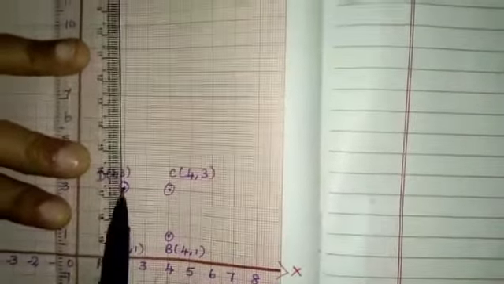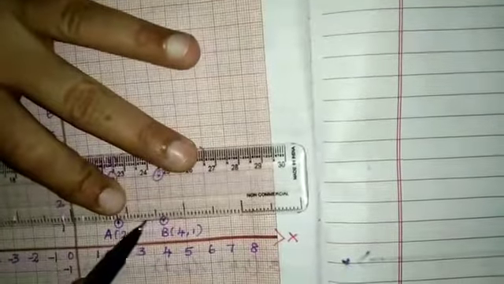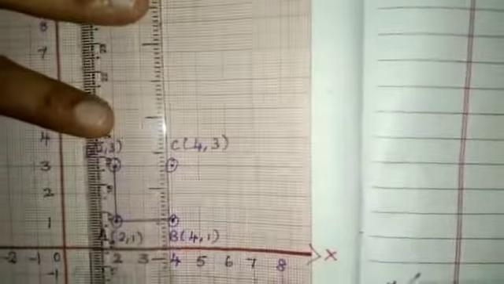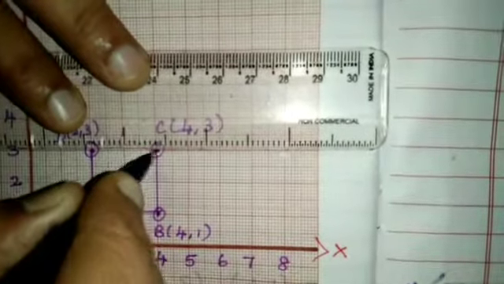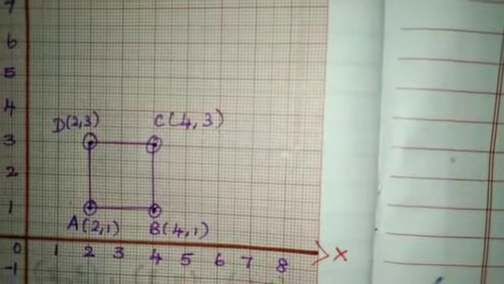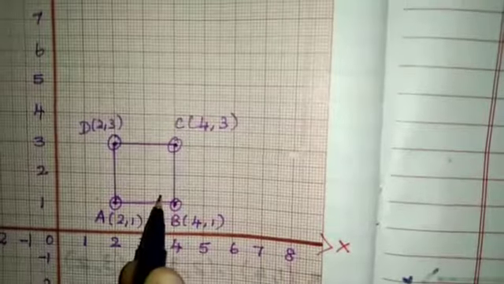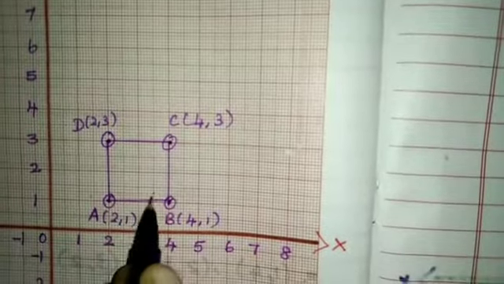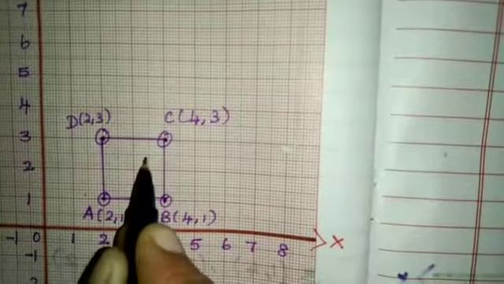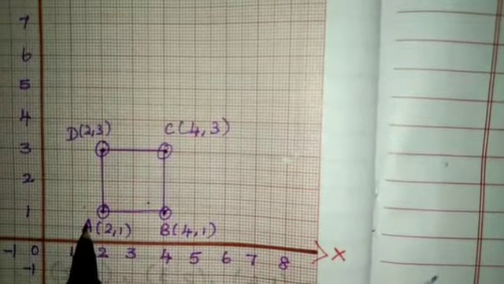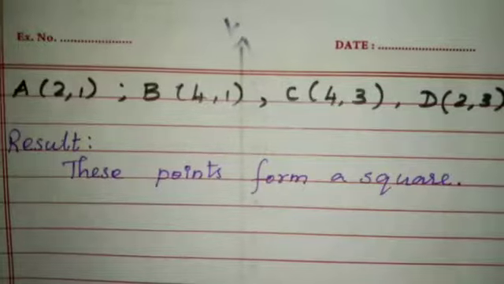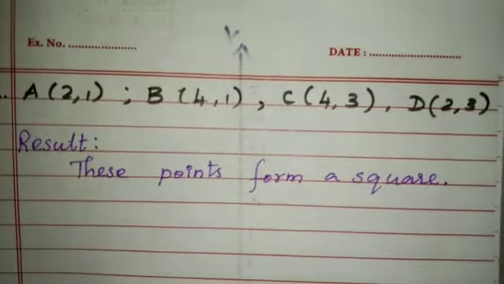First join A, D. Next A, B. Next B, C. Then C, D. This is a square. Lengthwise 2 boxes, that is 2 units. Breadthwise also 2 units. So all 4 sides are equal. So these points form a square. Result: these points form a square.